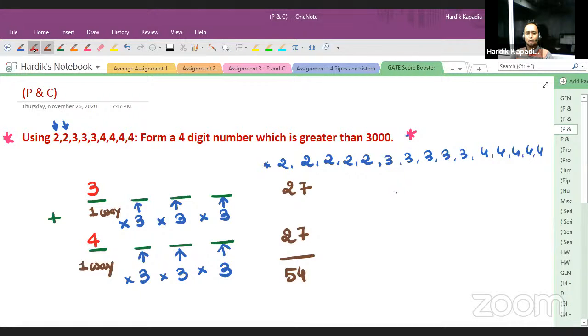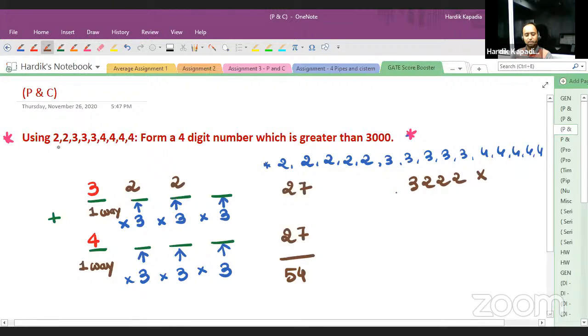But now if this is the condition, 2 2 3 3 3 4 4 4 4, then we can use 2 over here, yes. But if I use 2 over here, I can't, because I have used both the 2s. So the number 3 2 2 2 is not possible with this condition. If I go with 3 over here, possible.